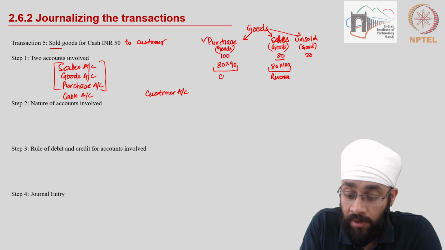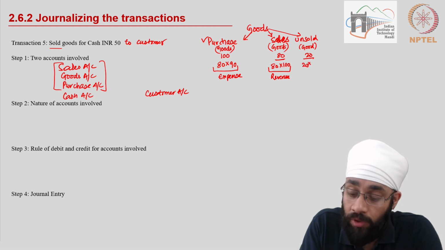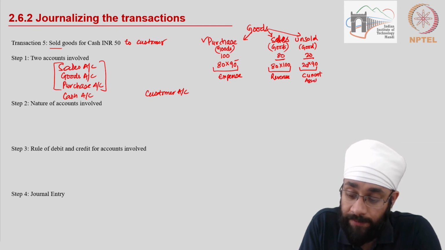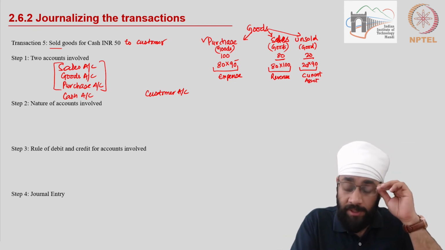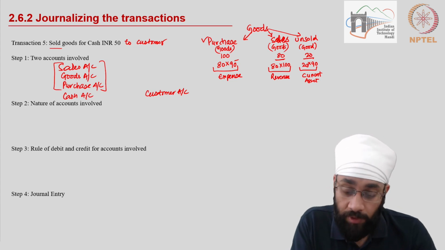This is your expense for the year. And finally, the 20 which is unsold, 20 into the cost price again, 90. This is the current asset. This is the unsold stock, current asset. You have to understand this dynamic here because this is going to be used as we move forward.